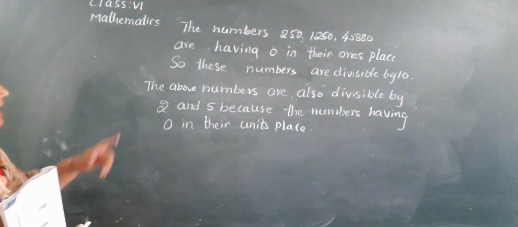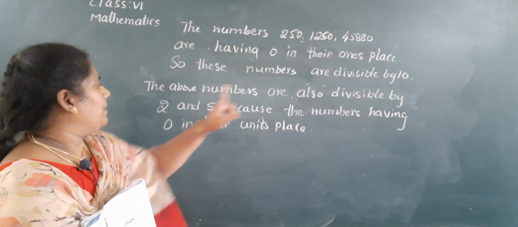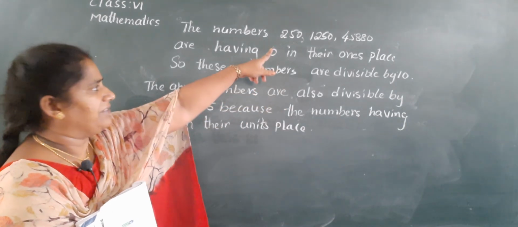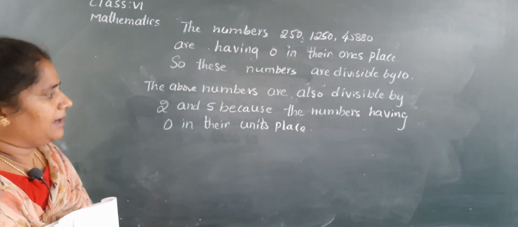Okay, Nana? So the above numbers are also divisible by 2 and 5 because the numbers have 0 in the ones place. Okay.